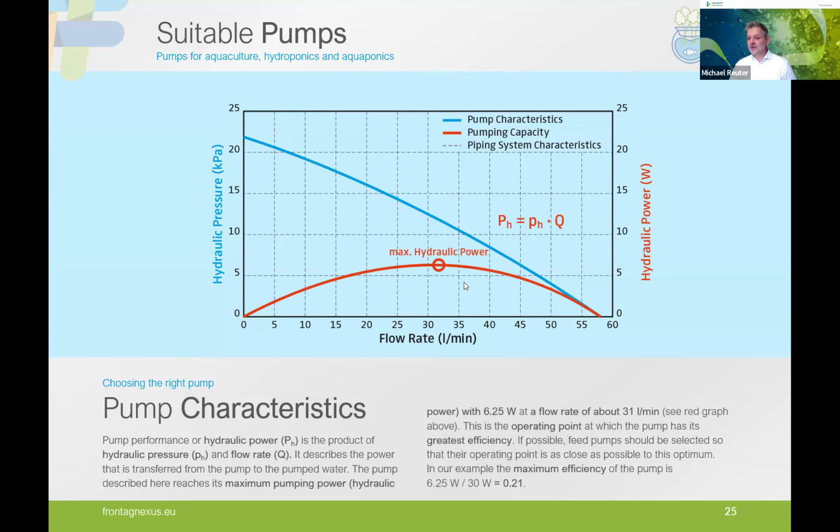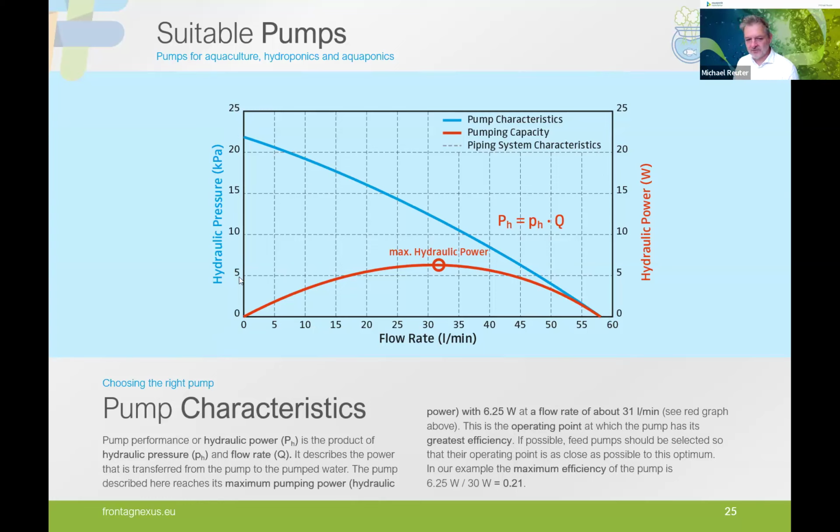And if we look at the hydraulic power, that is the multiplication of these two values, the flow rate and the hydraulic pressure, we see that we have some graph like this red one here. If we go to the extremes, we will always multiply one value that is 0, like flow rate 0 at the maximum pressure, or pressure 0 at the maximum flow rate.